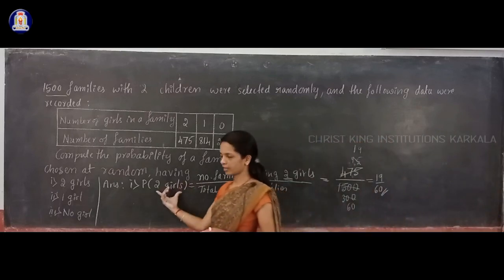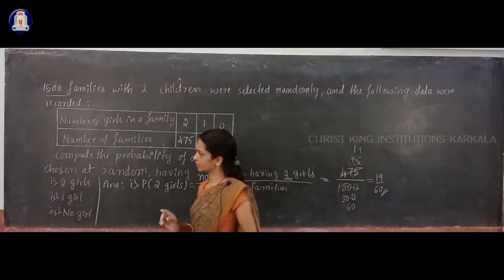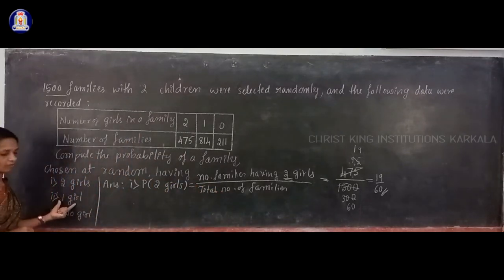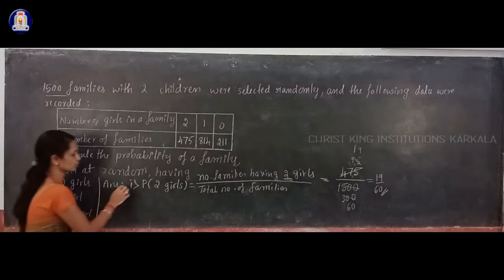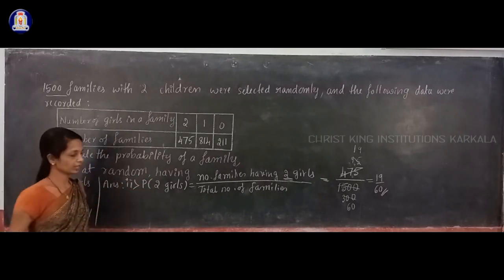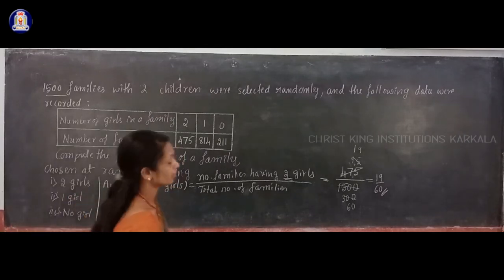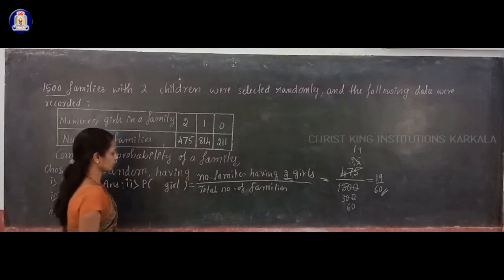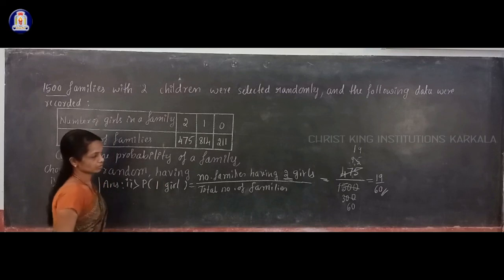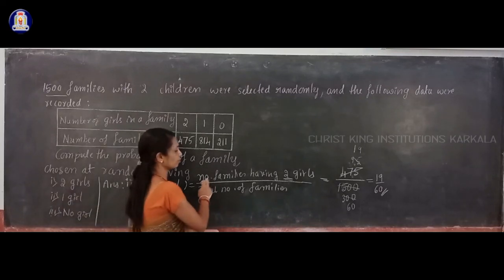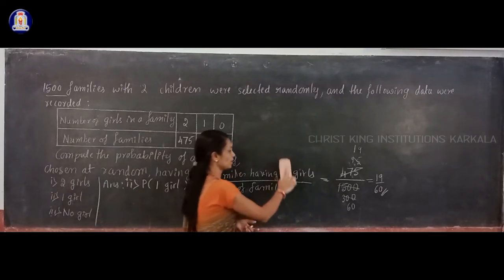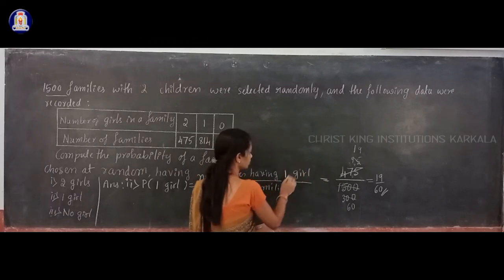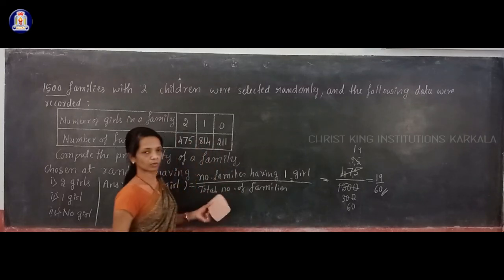Same type, next: the probability of a family having one girl. Now the answer for the second. P of one girl: the formula becomes the number of families having one girl dividing by the total number of families.